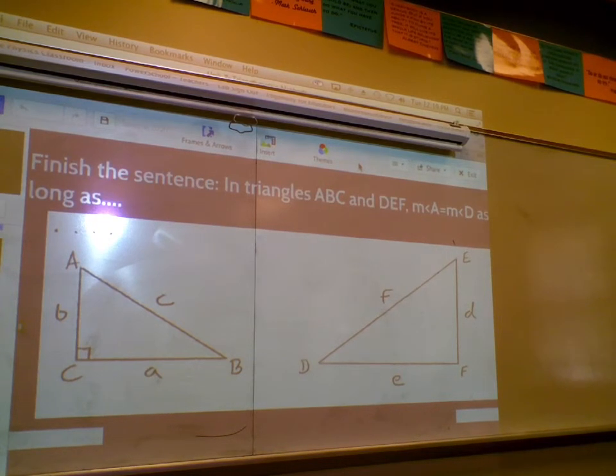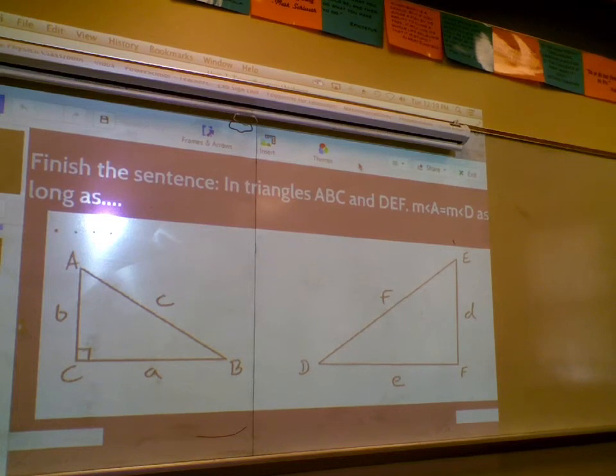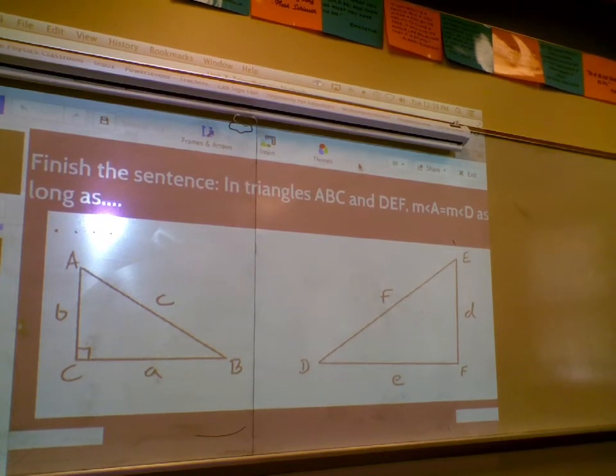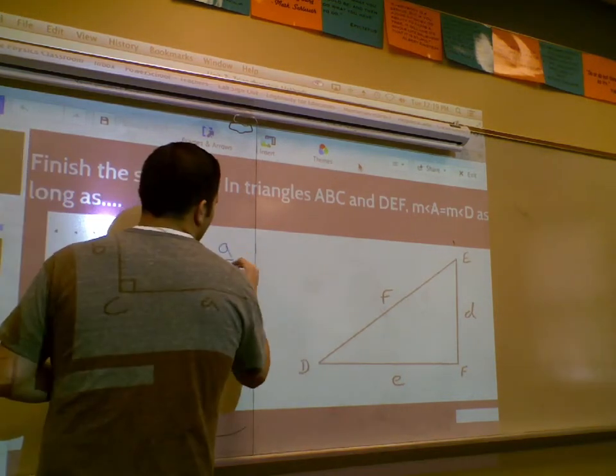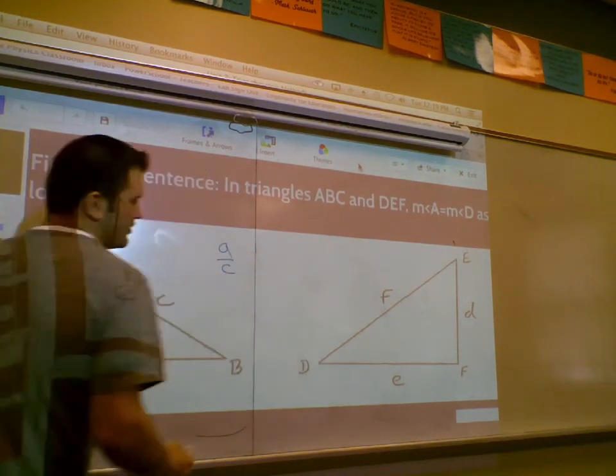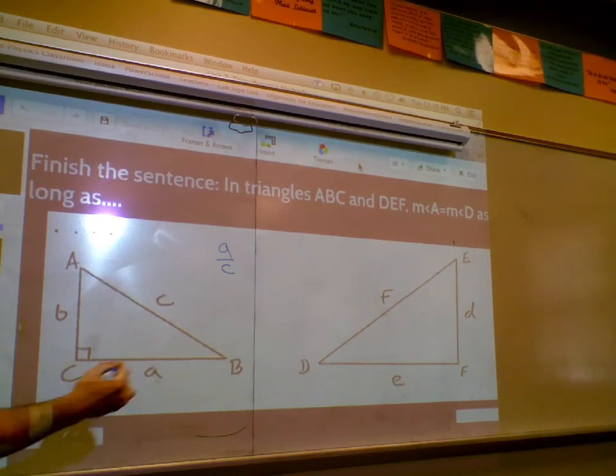Ratio. What ratio, Luis? Pick one. You have three choices. None of them are wrong. Sine. Thank you. What is sine of A? A over C, right? What's sine of D? D over F.